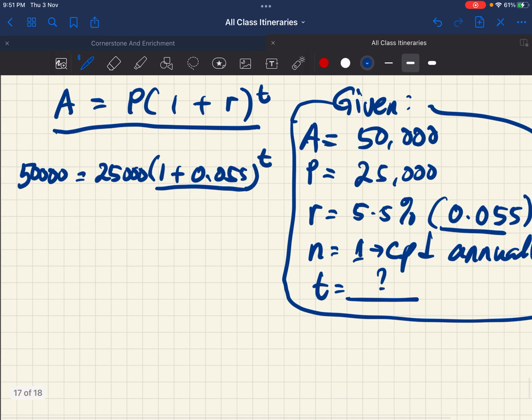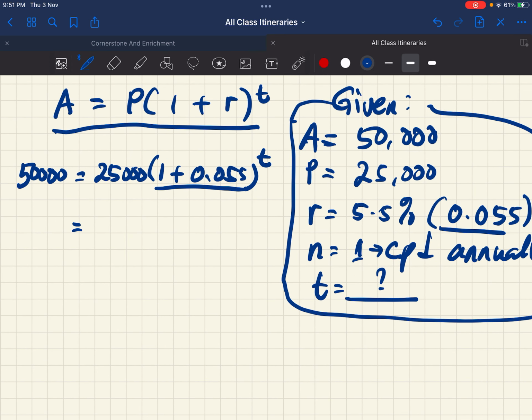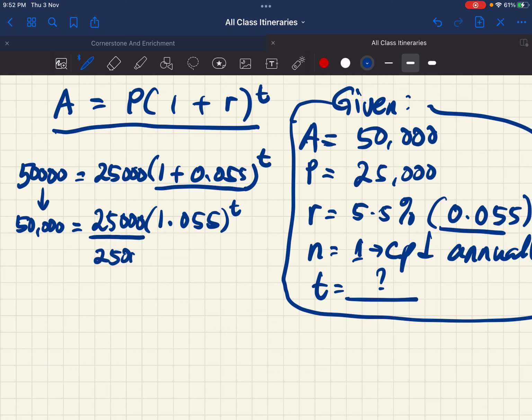1 plus 0.055 is going to give you 25,000 multiplied by 1.055 raised to t, equal to 50,000. We're now going to divide by 25,000 on both sides.